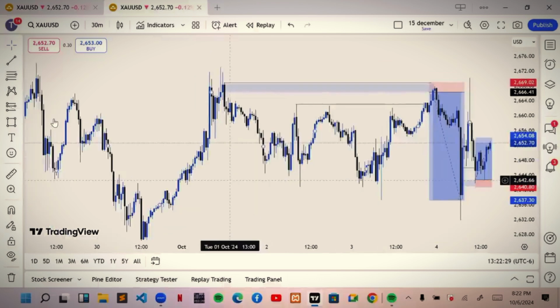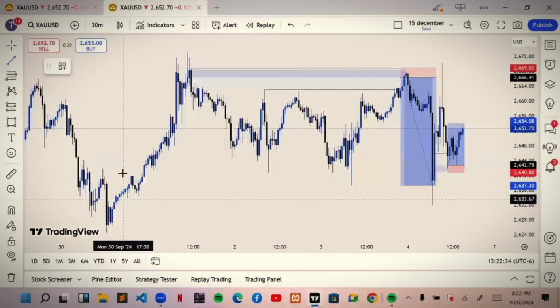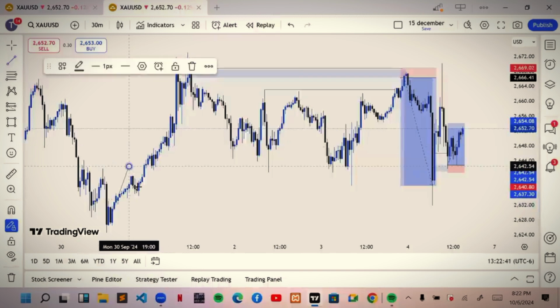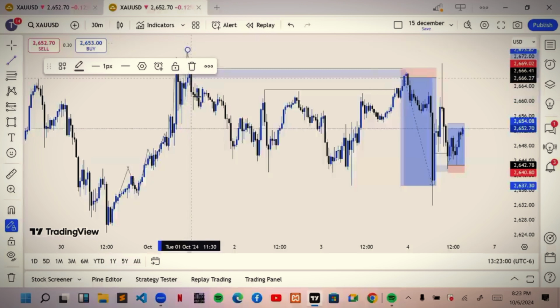Paying attention to this trade right here, you can see the market making a series of higher highs and higher lows. Higher highs, higher lows, higher highs, higher lows, higher highs. Then the market did what?